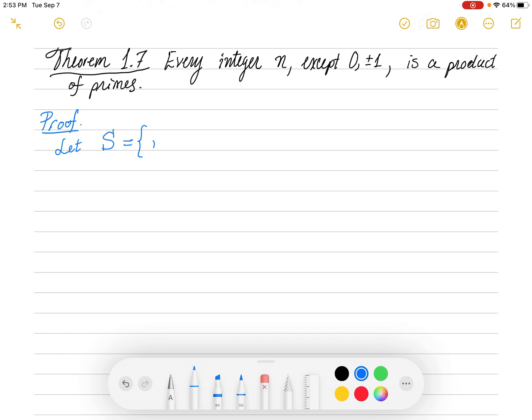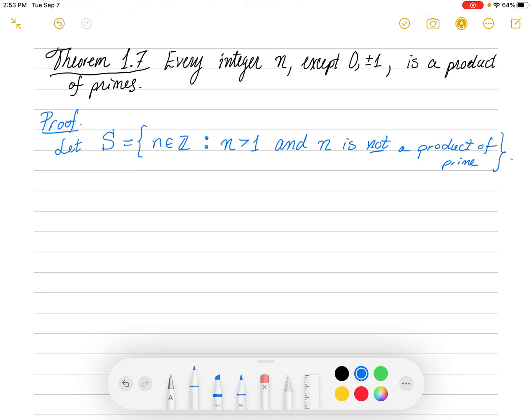S is going to be the set of all integers n, where n is greater than 1 and n is not a product of primes. So imagine the set of all integers bigger than 1 that are not a product of primes.